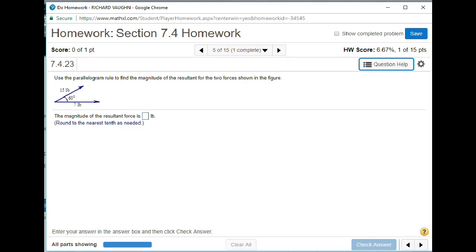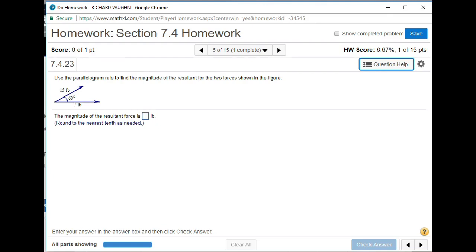We're going to use this rule that we can make this parallelogram. So when you complete this parallelogram over there, and then you look at this angle, which is the supplement of the one that they give you, that's 120 degrees over here because they have to add up to 180. So I can use the law of cosines with this side and this side for this triangle that's formed along the diagonal of this parallelogram.